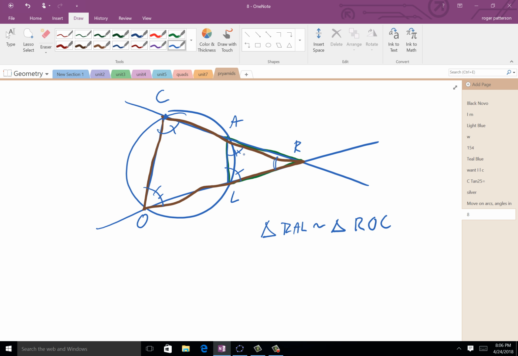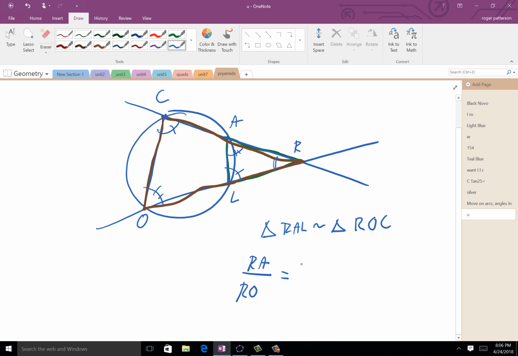Alright. So since those triangles are similar, we can write proportions. So our proportion would be RA, right? That's this side up here, is proportional to what side in the other triangle? Well, that would have to be over on this side, because remember, they kind of flip. So then it would be over RO, equals.